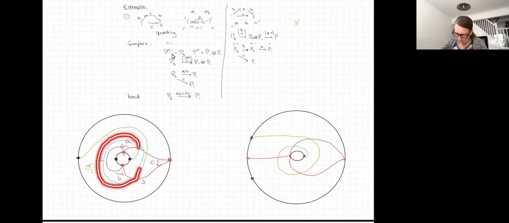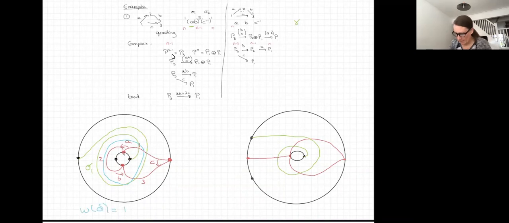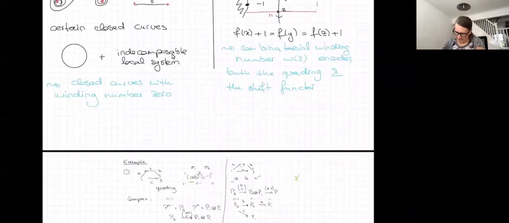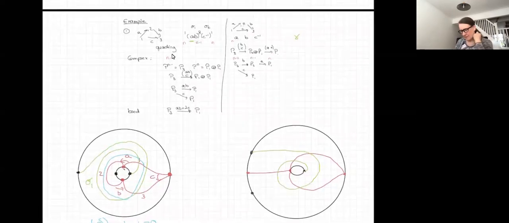Then if we go here, the mark point is on the left. So the winding number of delta is, was it -1 +1? I can't remember the left, right. Okay, let's see. If it's on the left, it goes up. So here it starts with the right, so it's +1 -1, and we get winding number 0.